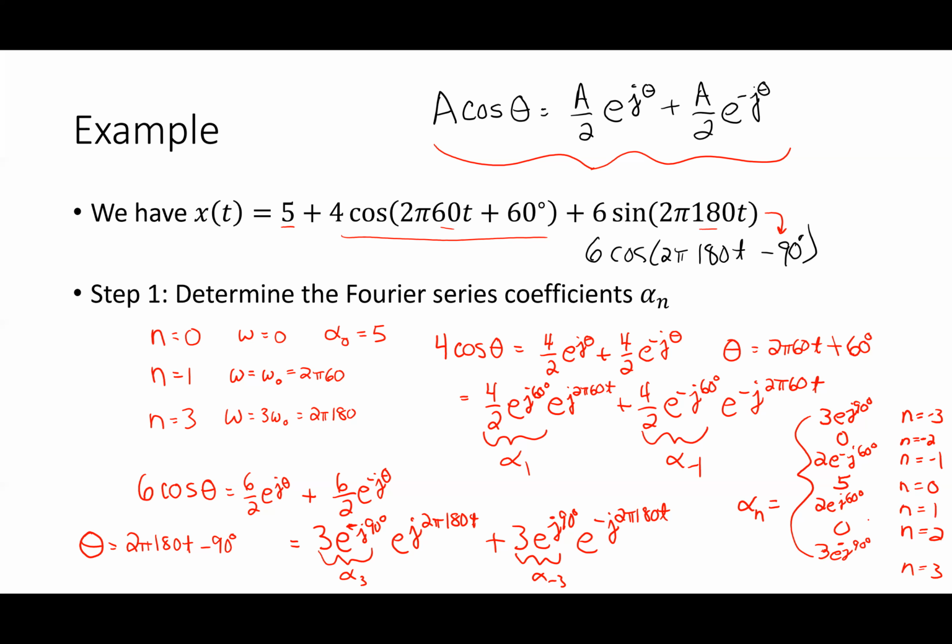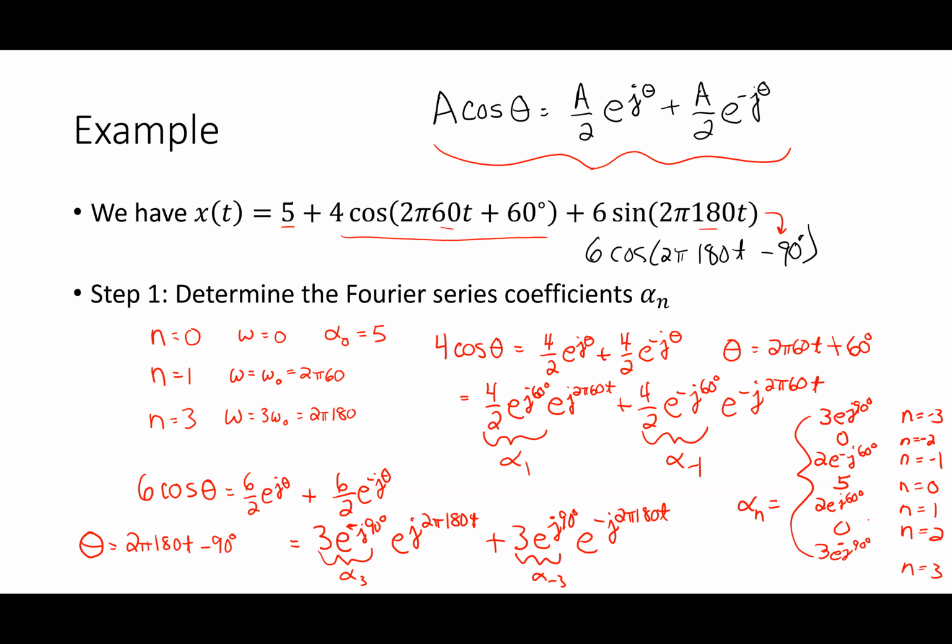So we've determined basically all of the non-zero coefficients that really matter to me. The rest of them are all zeros. That's the first step. We've determined the alpha n values that are relevant for this problem. Again, there's infinitely many, but the rest of them are 0.